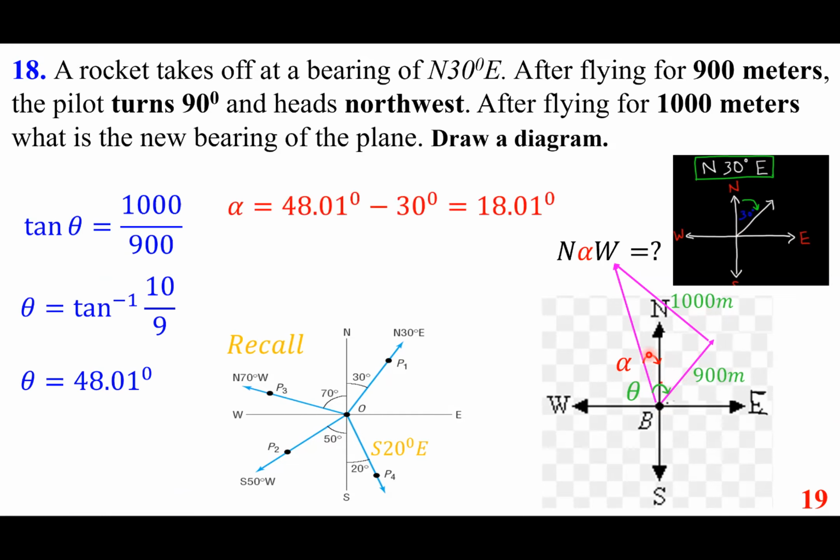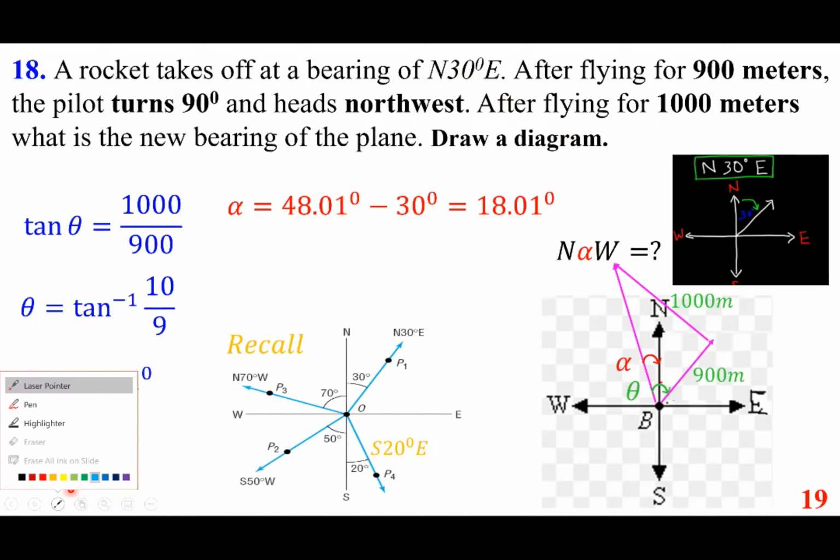So 48.01 subtract 30. Why 30? When we were going this way, it was north 30 degrees east. So we know this angle is 30 degrees. Let me use a different color to show that.